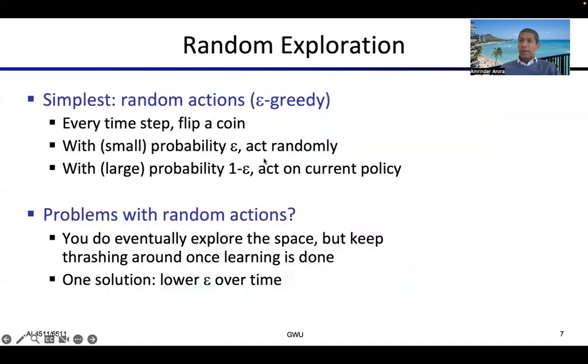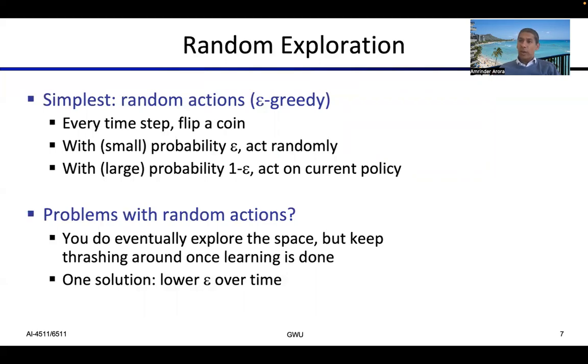So let's talk about the extremely simple idea of random exploration. It's called the epsilon greedy algorithm, and the way it works is very simple. Every single time, we flip a coin, and with a very small probability called epsilon, which let's suppose is 0.05, we will act randomly. And with 95% probability, we'll act on the current policy that tells us what is the best action.